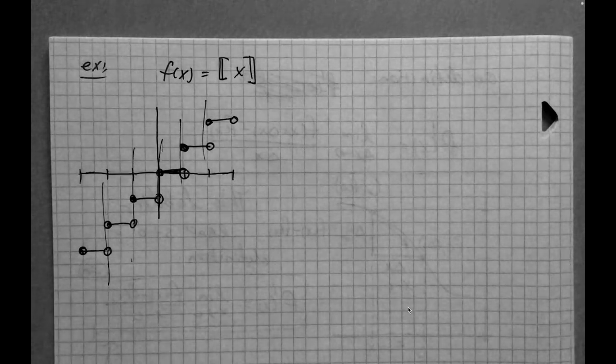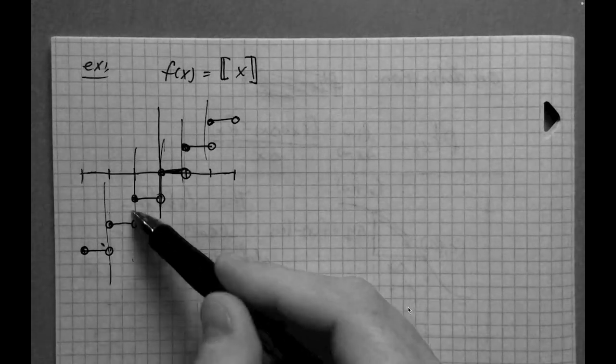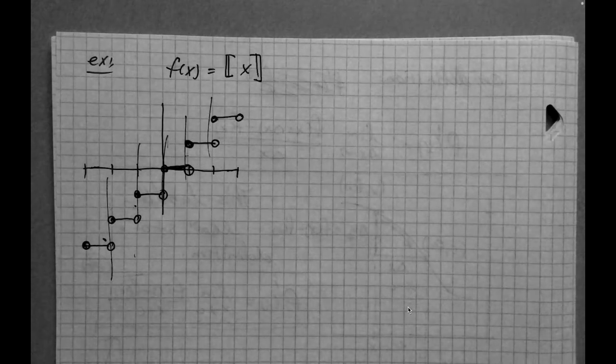Everything in between the integers is just fine. There's continuity there, but we have these discontinuous jumps. So what happens when we attempt to evaluate the derivative at particular integer values? Let's take x equals 0.